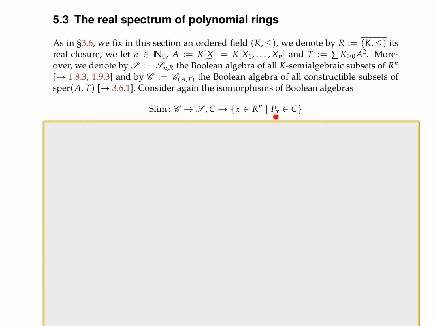That's just all polynomials over k which are non-negative at x. And I just map this constructible subset of the real spectrum to the set of all x in R^n such that the corresponding prime cone Px lies in C. Okay, so nothing easier than that. But that's actually an isomorphism of Boolean algebras, which was non-trivial, right? That needed a lot of theory.